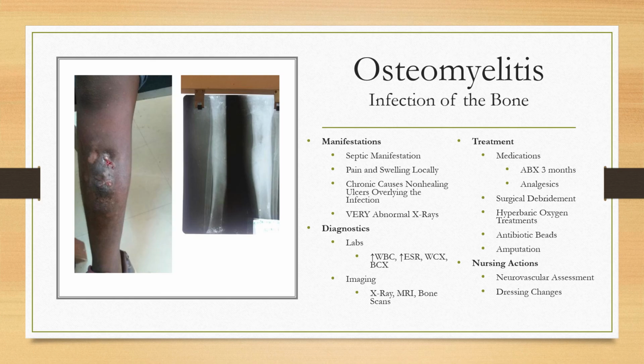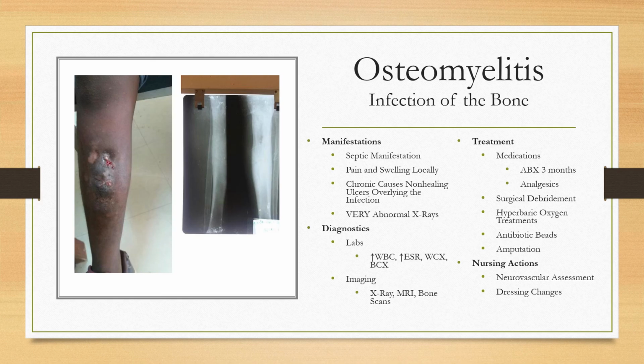So not only is it draining onto the skin, it's also going into the blood supply and causing sepsis. So fevers, hypotension, tachycardia, so they're septic. Then there are the non-healing ulcers, and as I just mentioned, because of the infection, it is chronically discharging pus to the surface.